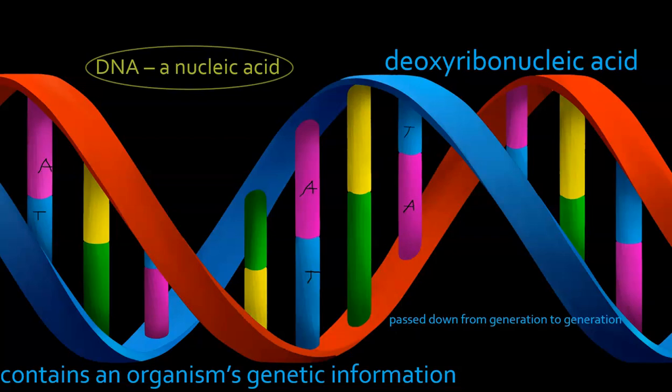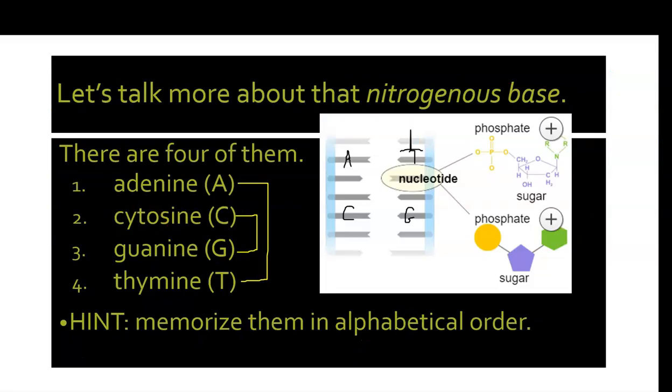A always bonds to T, and C always bonds to G. Now that's not a G because it's green, it just happened to work out that way. All my G's would always bond to C's, and all my T's over here on the right would always bond to A's. That's how DNA gets put together.